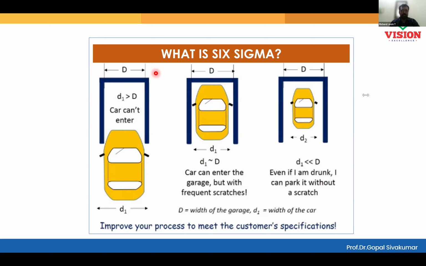Quality control is only to detect the problems and then advise on the rework and other opportunities. But we have to correct our processes. We have to replan. We have to redesign our processes. So that is called quality improvement. So that is the understanding here. The spread of the process, for a car, is nothing but the width of the car.